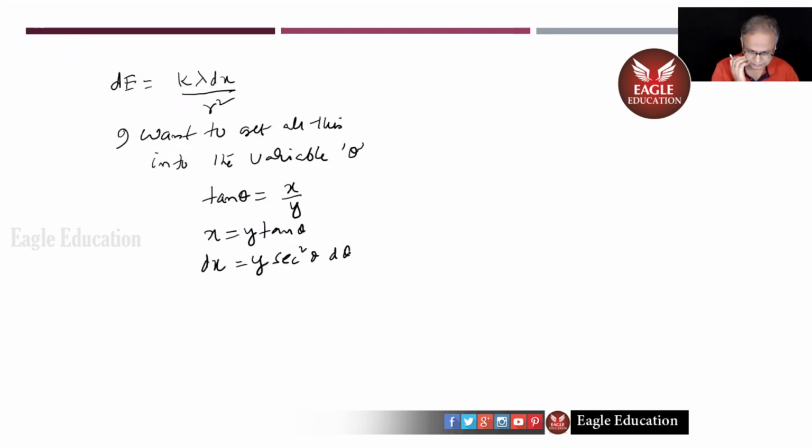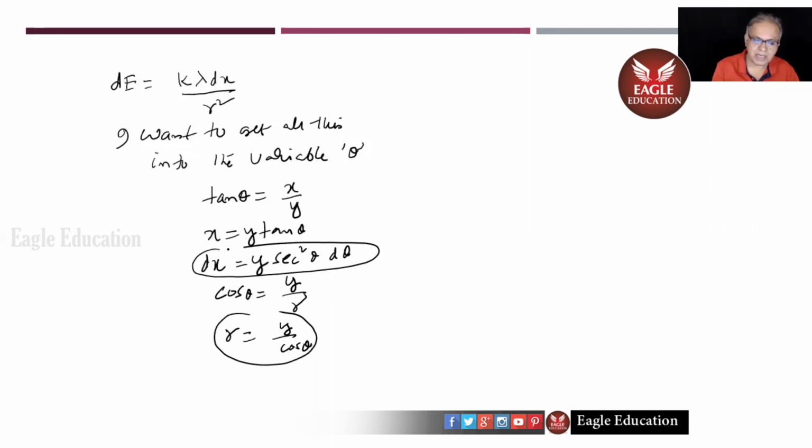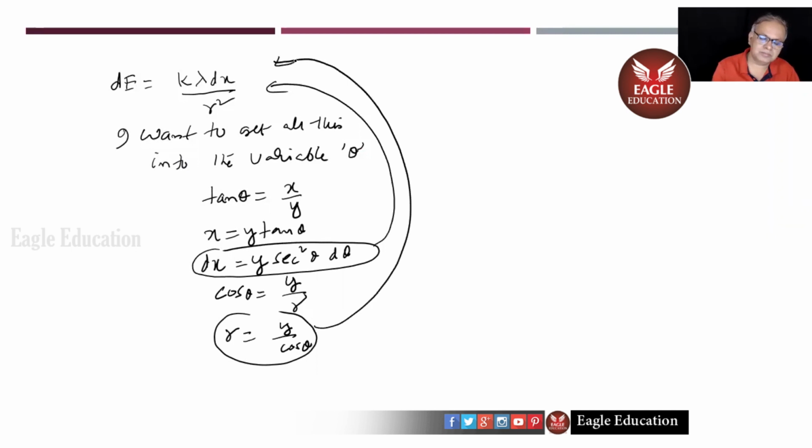Tell me. Yes, sir. And we also have cos theta equals y by r. So r equals y by cos theta. This one and this one I would like to put in here. Okay.